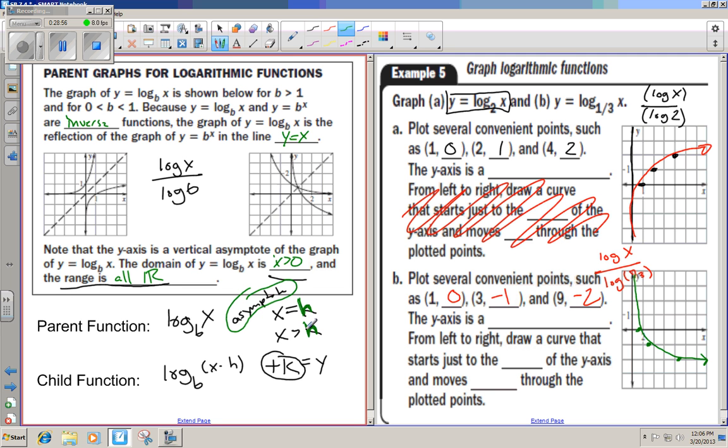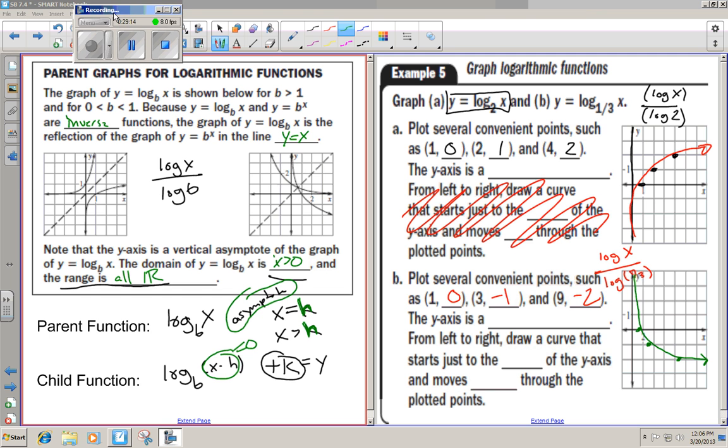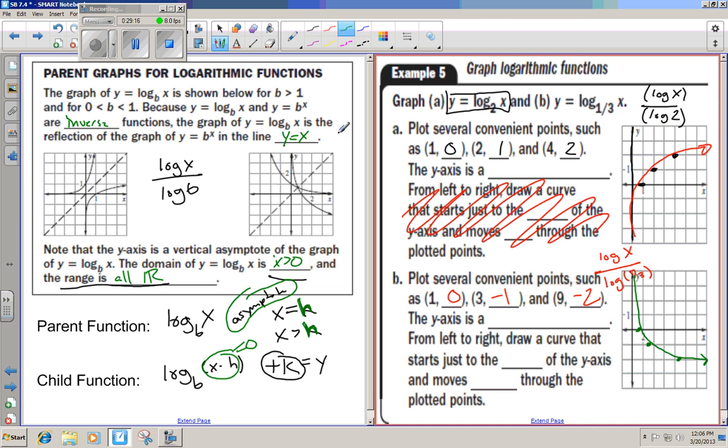For this situation, it doesn't really change all that much, but it's what makes this equal to 0. So go back in your notes, make sure you change this right here when we talk about asymptotes. I might actually add a new slide here.